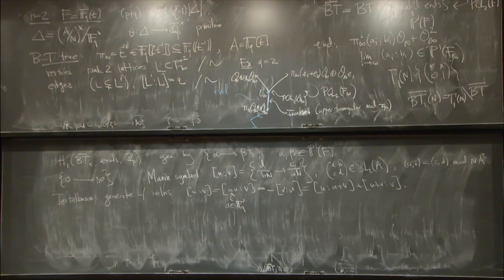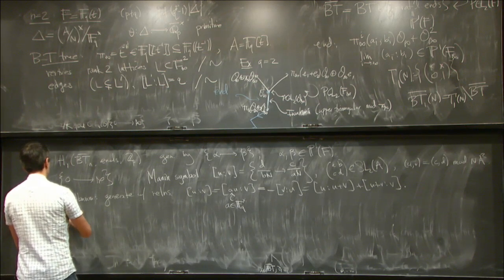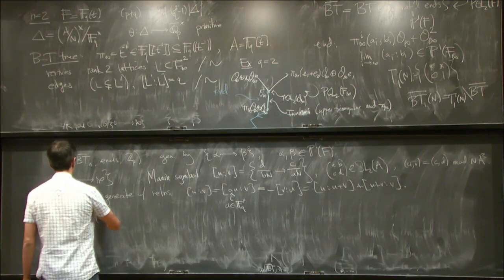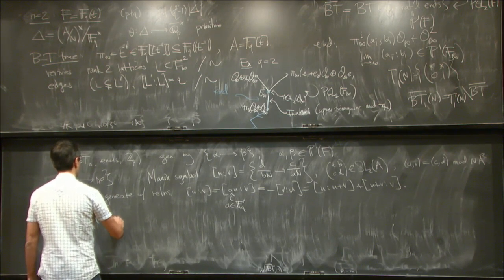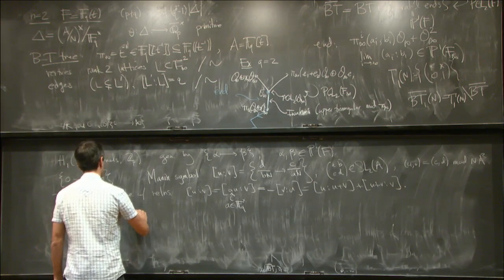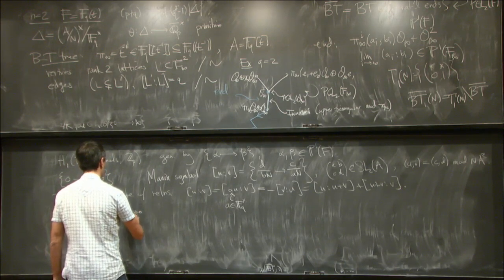OK, so great. So what I want to do then is I want to take S naught to be the homology relative to non-zero ends, and you can imagine how those are defined.